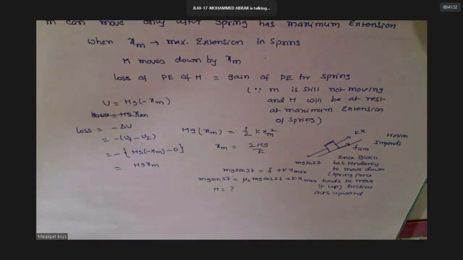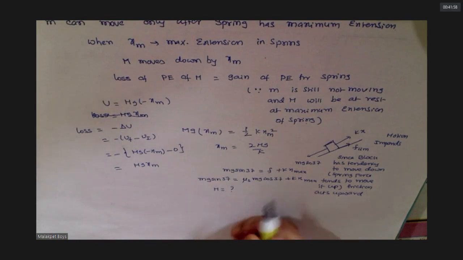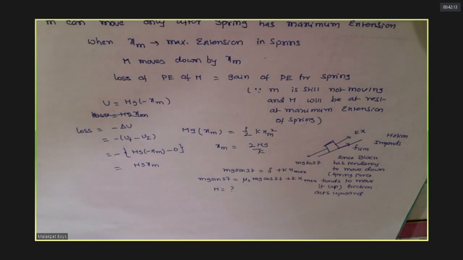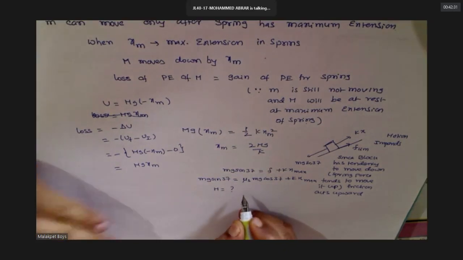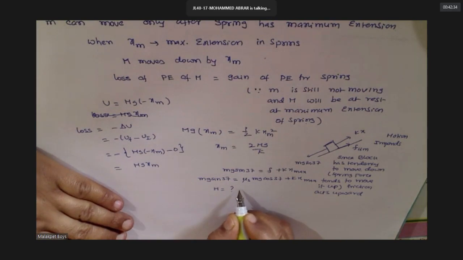The mg sine 37 and friction will get cancelled out, sir. You're getting zero? Yes, sir.